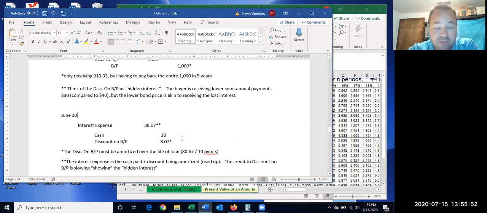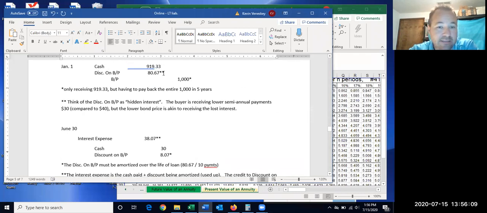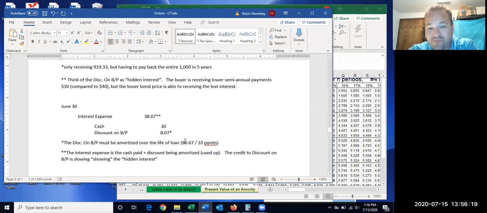the interest expense is basically going to be how much cash did I have to pay, plus how much hidden interest am I exposing. I'm exposing $8.07 this time because I want to slowly amortize that $80 difference. So if I take the $80 difference and divide it by 10 payments, because we're having 10 interest payments, that's $8.07.